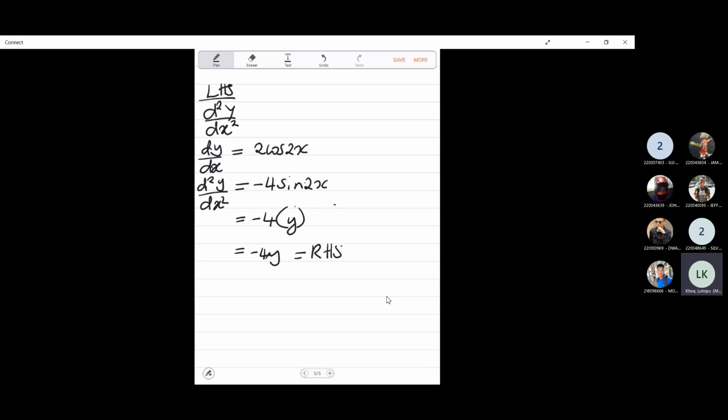Okay, now these differential equations, they occur in nature.